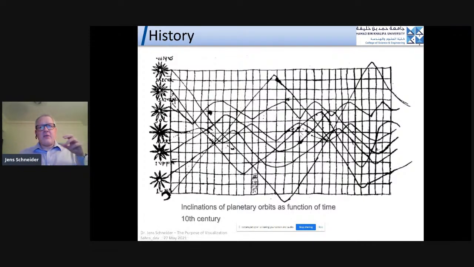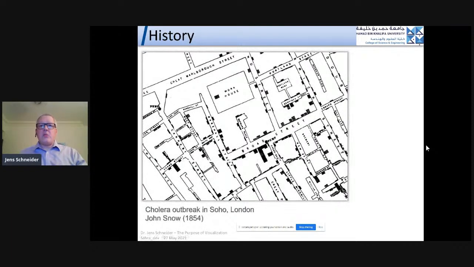And these wobbles are the result of the fact that Kepler's law wasn't known yet, that we essentially have these ellipses and everything moves around the sun. But again, this is an early example for a time series, for a one-dimensional function.